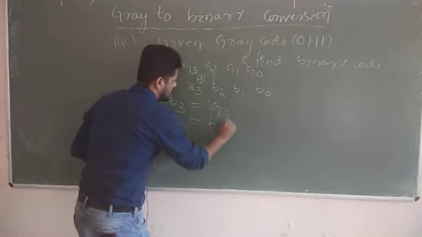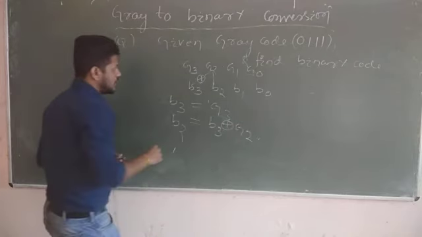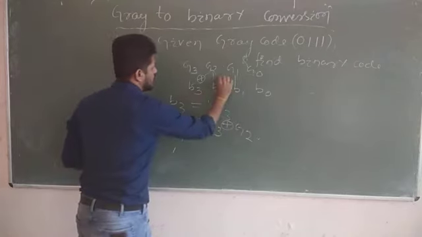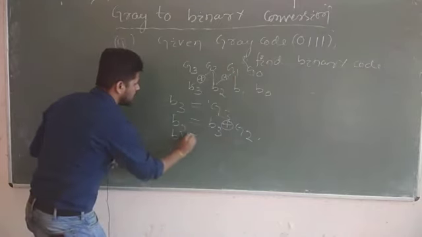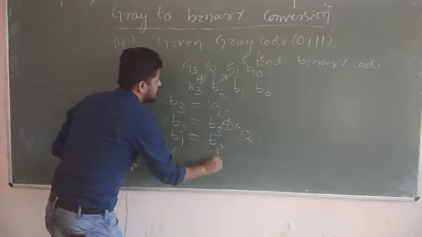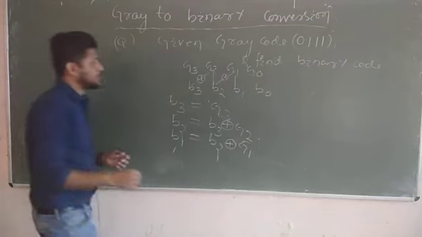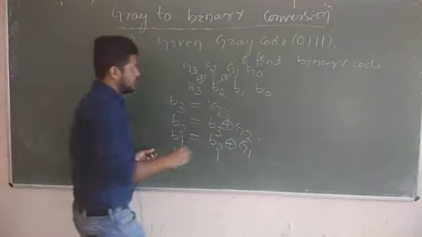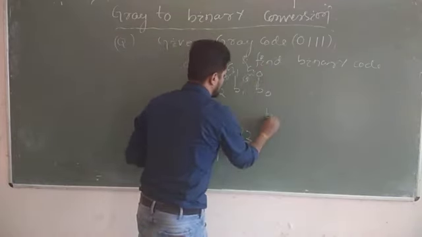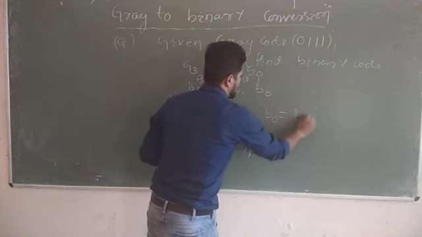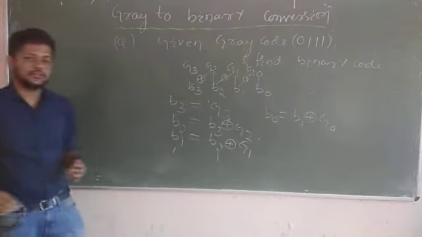B3 XOR G2. Similarly B1 is equal to B2 XOR G1, and B0 is equal to B1 XOR G0.